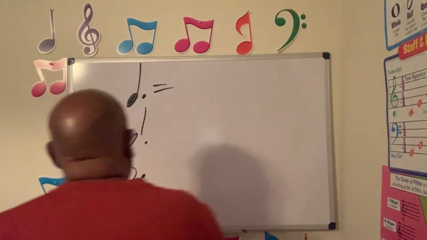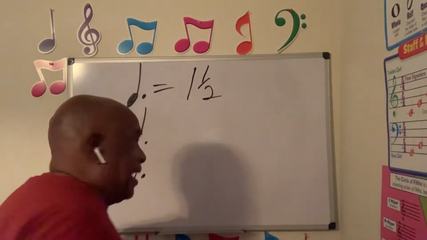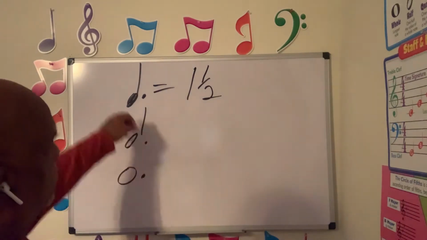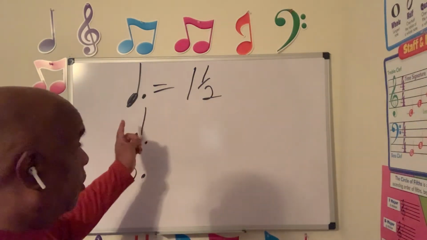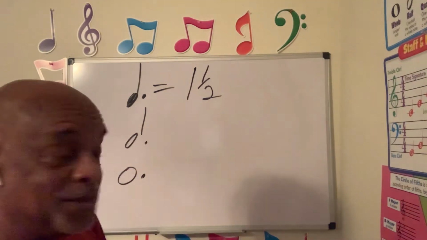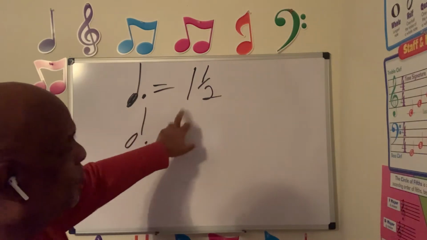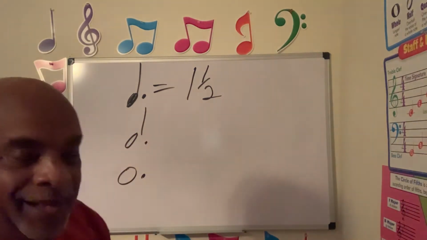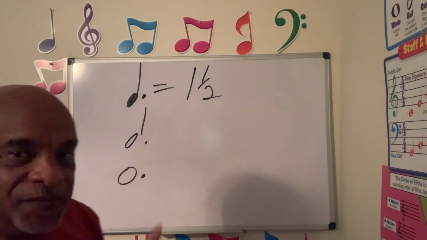So a dotted quarter note is going to get 1.5 beats. Why? Because the quarter note gets 1 beat, and half of 1 is a half.